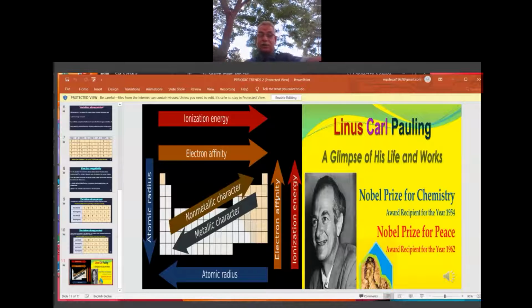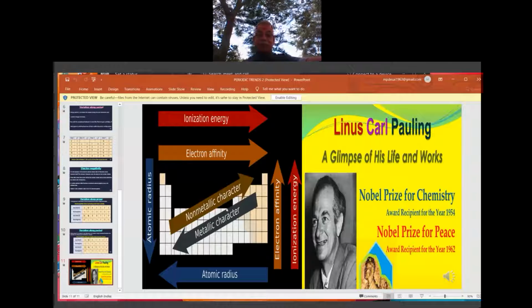Right. Now you see this arrow mark: ionization enthalpy increases from bottom to top. Atomic radius from right to left is increasing. And non-metallic character increases whether you move diagonally or from left to right. That means you will find non-metals on the right side, especially right top.